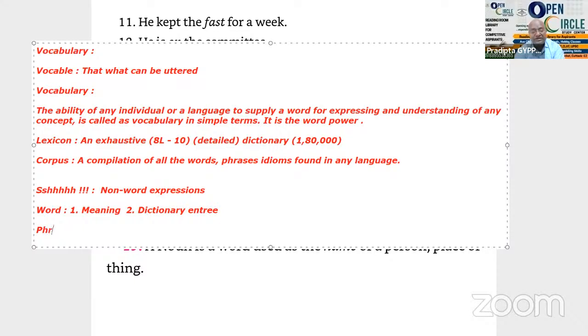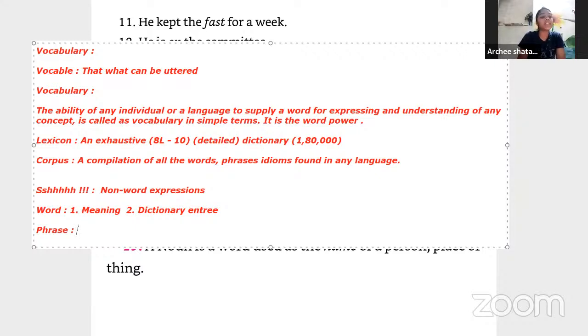What do you understand by the term phrase? Yesterday I discussed. Who can tell me what's a phrase? Sir, a phrase is a sentence which makes sense but not a complete sense. Phrase is not a sentence, dear.